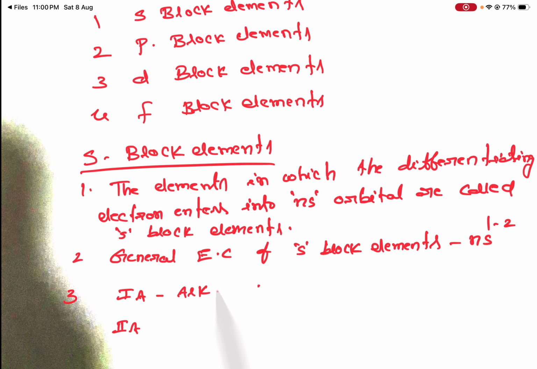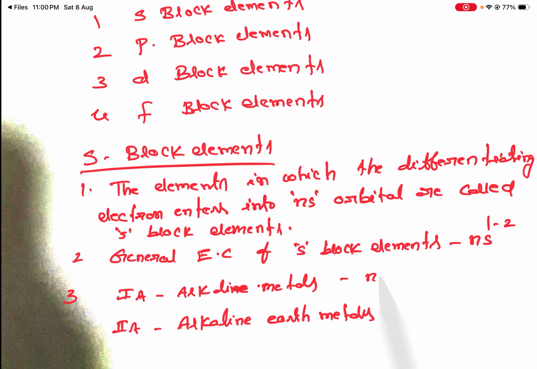First A group elements are called alkali metals. Second A group elements are called alkaline earth metals. The general electronic configuration of first A group elements is ns1. The general electronic configuration of second A group elements is ns2.